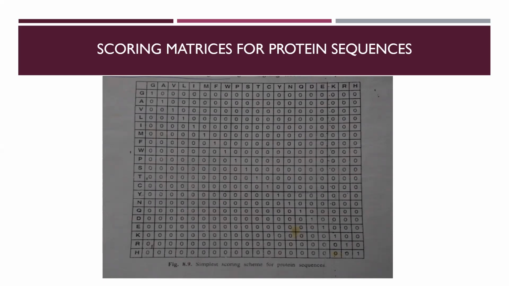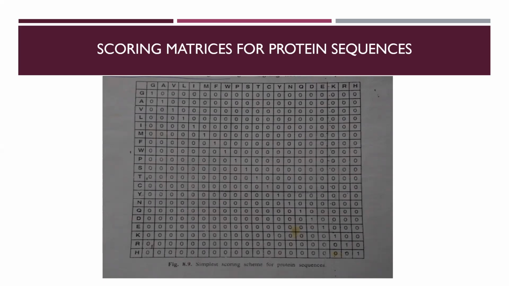These are the characteristics based on which amino acids are grouped into different groups. If there is a match of amino acids in the alignment, that gets the maximum score. If there is a mismatch, and both the amino acids belong to a similar group, it gets a higher score.